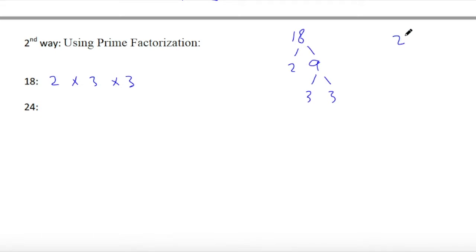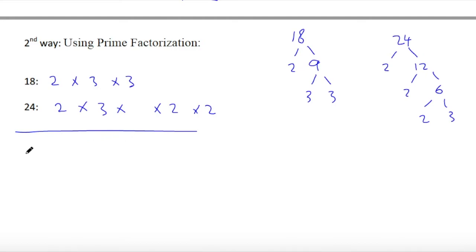And 24 we can write as 2 times 12, and here 12, 2 times 6, 6, 2 times 3. So we have 2 times 3 times 2 times 2. We have three 2's and one 3, like this. We write similar numbers under each other like this. Okay, now you have GCF.